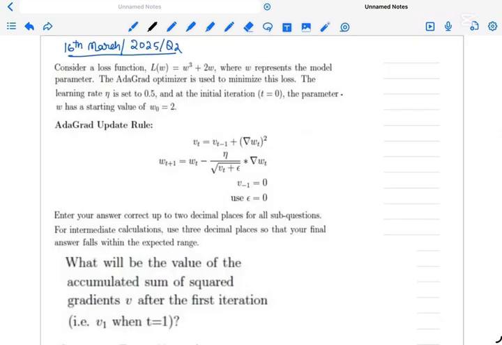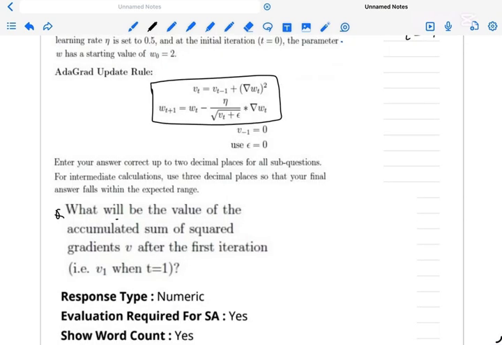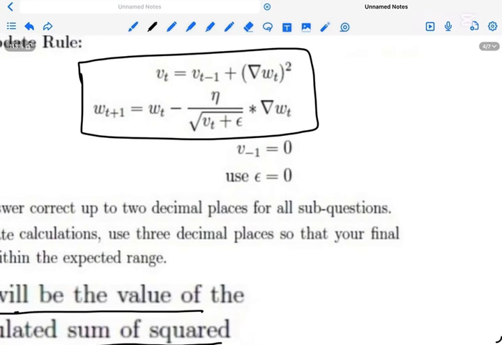So friends, the continuation of the above question is, what will be the value of the accumulated sum of the squared gradients V after the first iteration? In this formula, Wt plus 1 equals Wt minus eta, eta is the learning rate. Vt is the accumulated sum of the gradients.